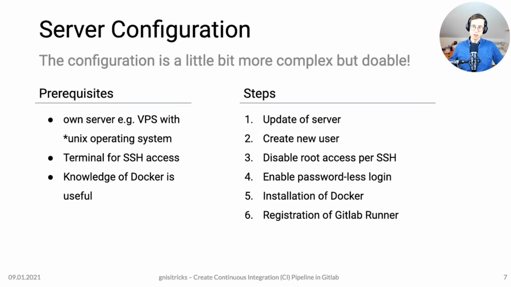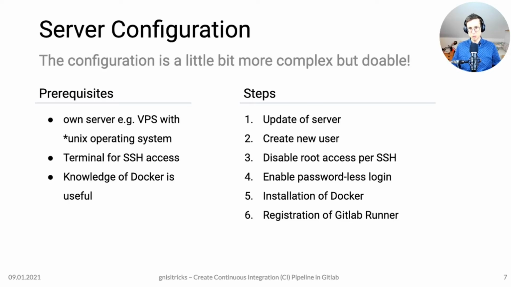Maybe there's also an online solution if your computer does not support this. It is helpful to have some Docker knowledge, but the amount of Docker intensity, or the number of commands, is not really high. You can pretty much copy paste the different commands. So what we will do in our server configuration steps is, first of all, update our server.